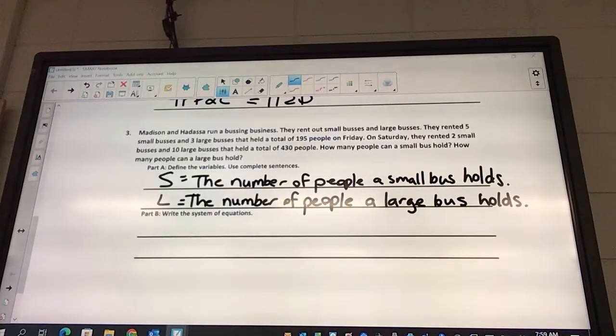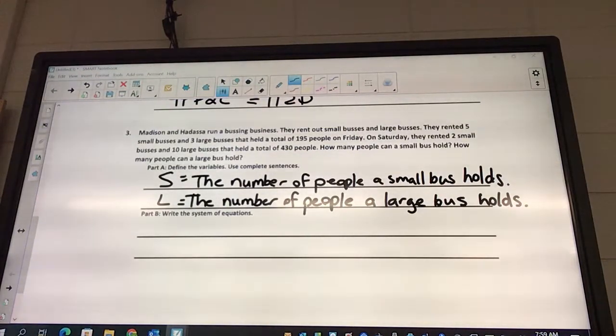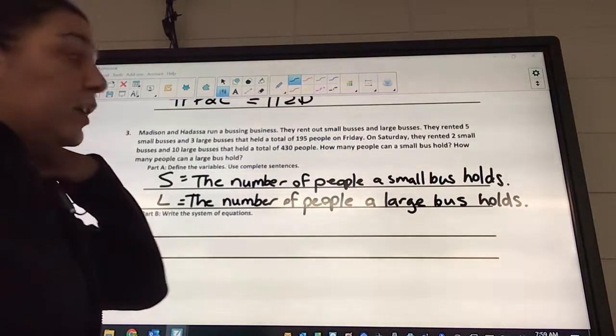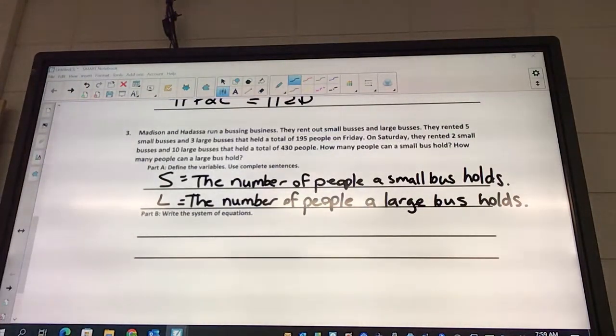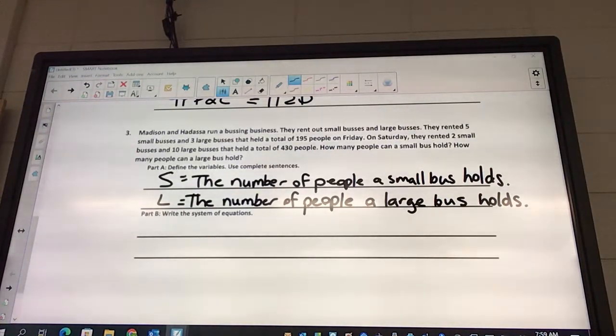Okay, what should our first equation be? What should it be? Perfect.